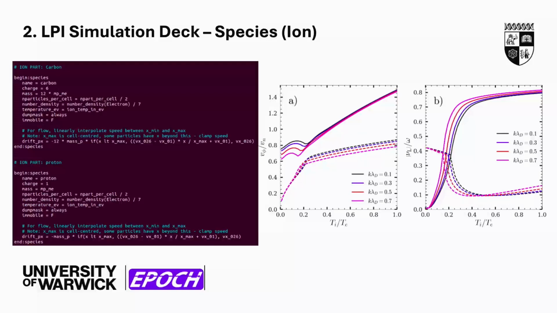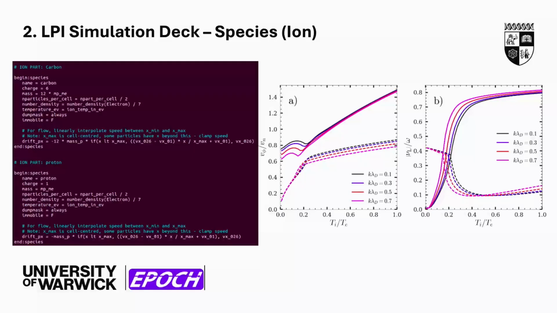For example, if you're modelling somewhere around here where your ion temperature is about 60% of the electron temperature, it's your fast modes that have quite high damping, so you'd expect everything to be controlled by these slow modes. Alternatively, if you're at this point where your ion temperature is really low, your fast modes have pretty much little to no damping. And this means you could see things like SBS, which are dependent on acoustic waves, growing to really high levels.